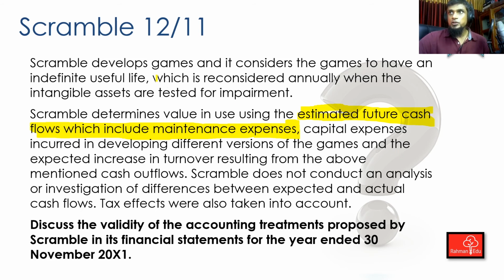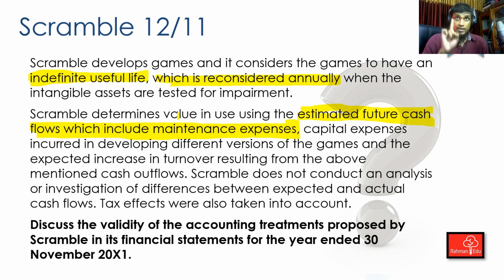Now there is another point, Baki Billah. Annually, indefinite useful life, is it good? Impairment test? Yes, sir. Right. Assets which have an indefinite useful life should be considered annually for impairment loss, whether there is an indication or not.